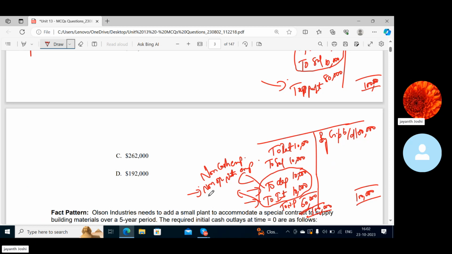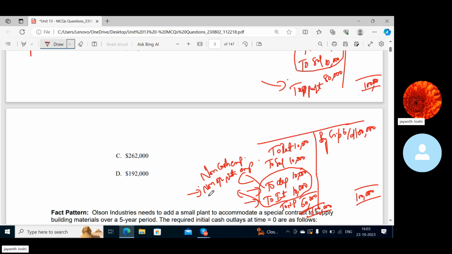So this allocated interest is kind of a non-cash expense actually.